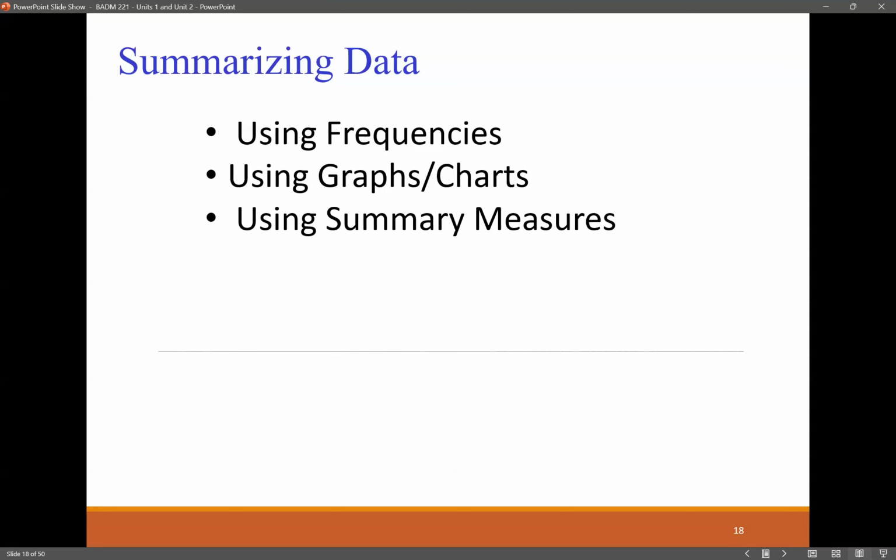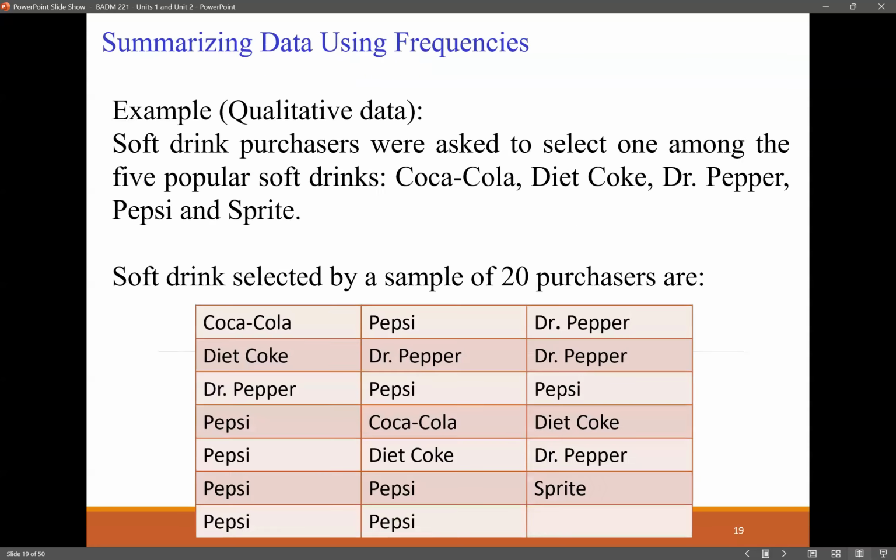Now, summarizing the data, we have three different methods. The first one is by calculating the frequencies, the second one by calculating graphs and charts, and the third one by calculating summary measures. So let's start from the first one, calculating the frequencies.